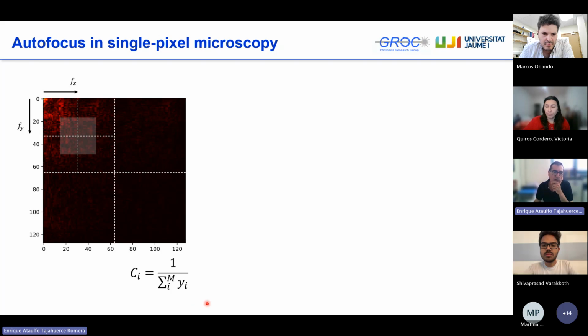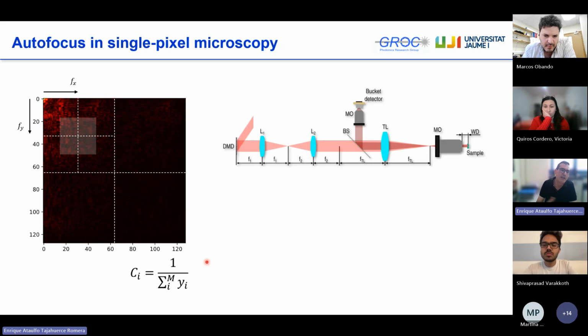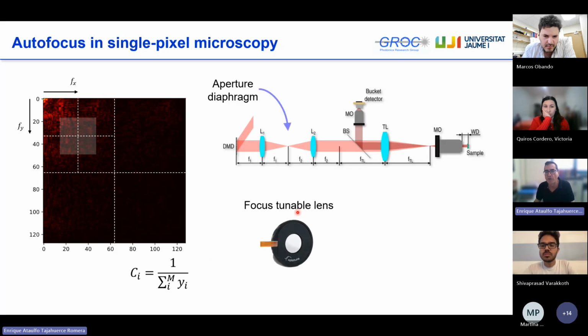We have designed a method to use only a few coefficients in the Hadamard space to define a merit function, and by using this merit function, we analyze if the image is well or not well focused. And to change the focus, we add a tunable lens onto the aperture diaphragm of our microscope, so we can change automatically the focus position of the light patterns.